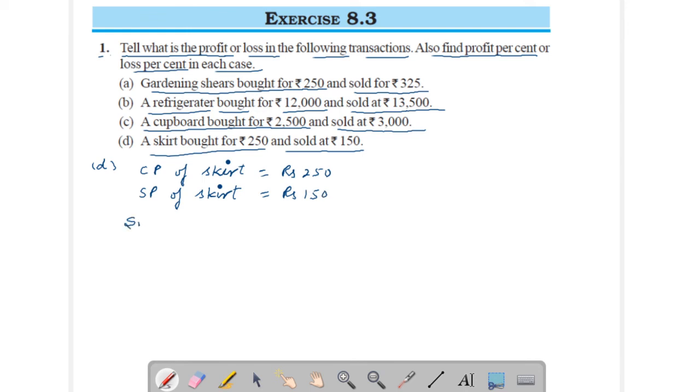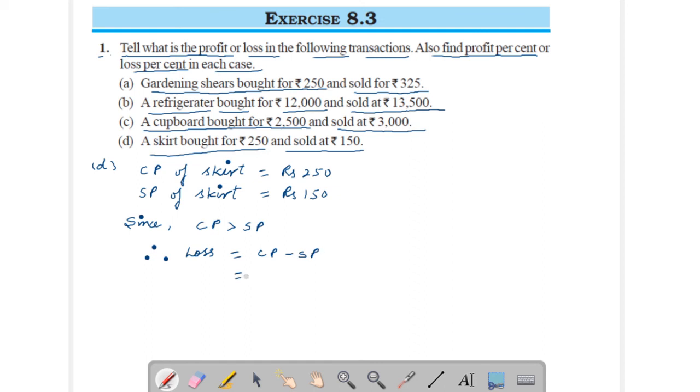Since CP is greater than SP, then there is a loss. Therefore, loss is given by CP minus SP.